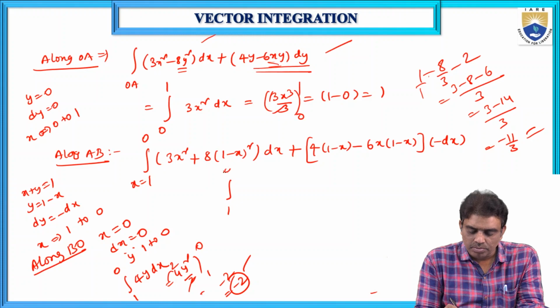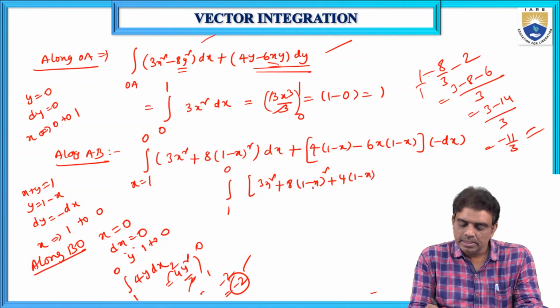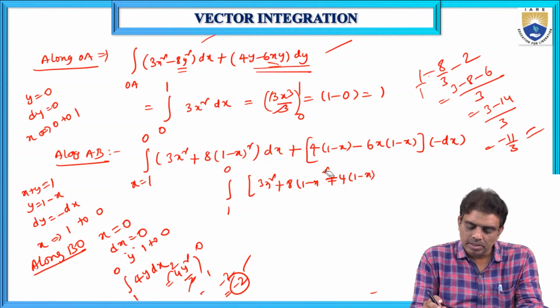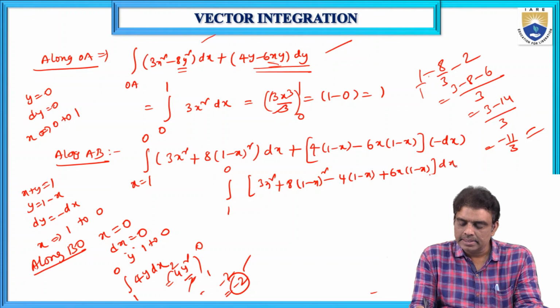Integral from 1 to 0 of 3x square plus 8 into (1 minus x) whole square plus 4 into (1 minus x). So this is minus; you will get a minus sign here. (1 minus x) whole square minus 4 into (1 minus x) plus 6x into (1 minus x) dx.